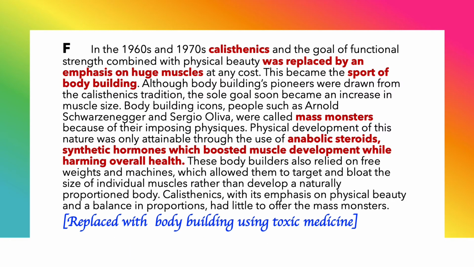Now let's read section F. It's all about how calisthenics was replaced by bodybuilding in the 1960s and 70s and how bodybuilders became mass monsters by using toxic medicine. So I have mentioned it as replaced with bodybuilding using toxic medicine.